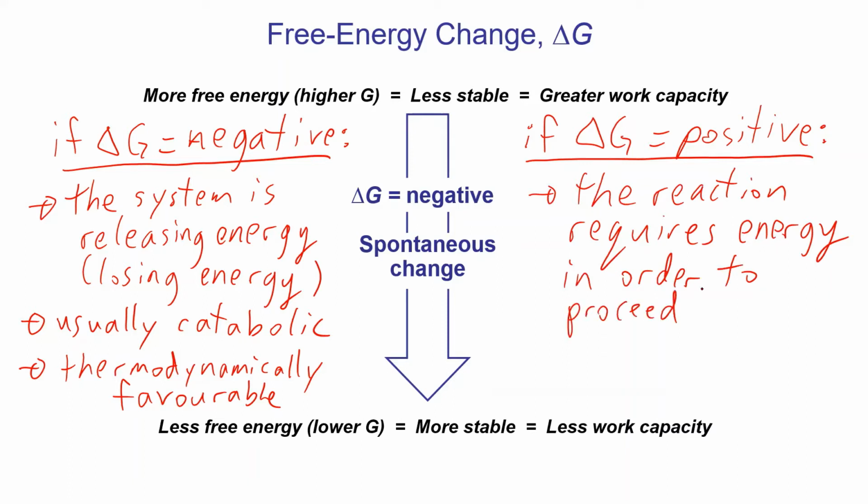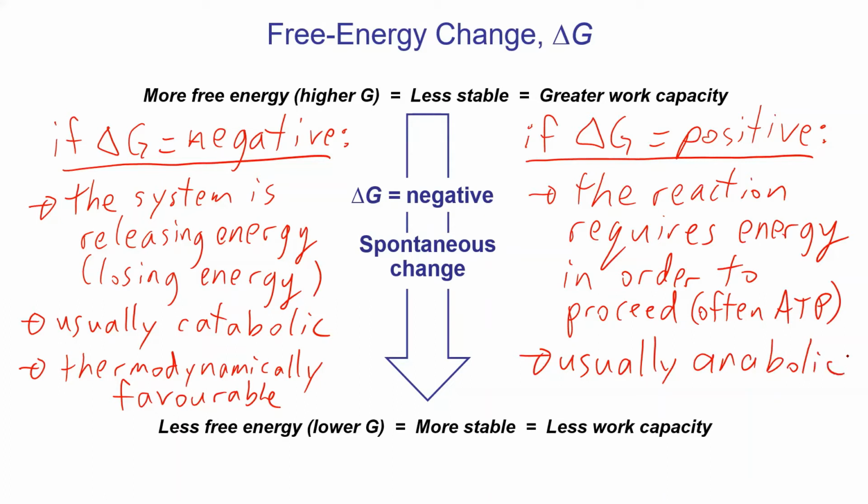So energy, of course, usually means ATP, right? So I'll say that it's often in the form of ATP. And we're talking about usually anabolic reactions. All right, so I will show you some examples in a minute.